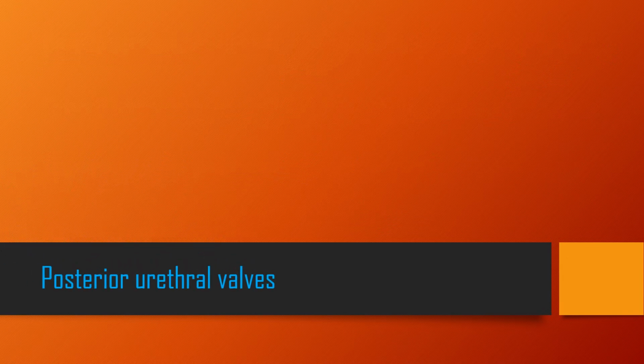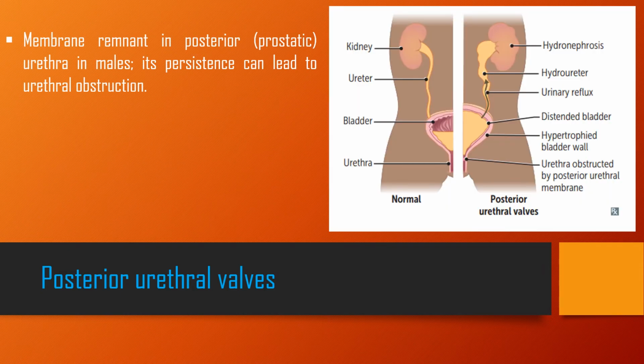Posterior urethral valves. Instead of going to the theoretical part, we'll see the difference between the normal and the posterior urethral valves, as we can see in this image. On the left hand side, there is a normal urinary system. On the right hand side, there is a defective urinary system.